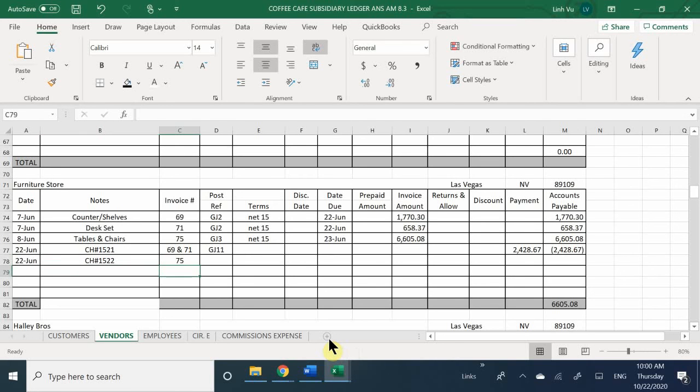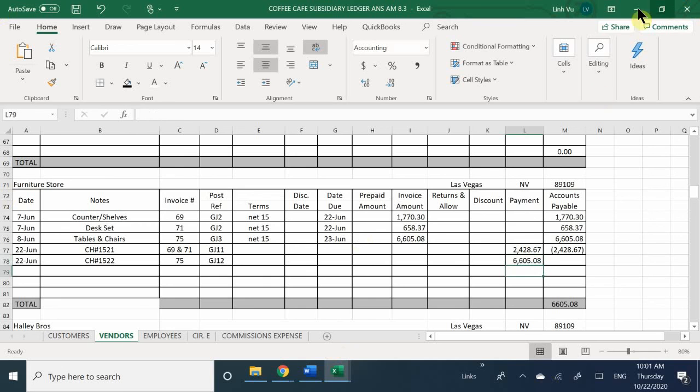Invoice 75. GJ12. Payment. 6605. I keep typing 0508.